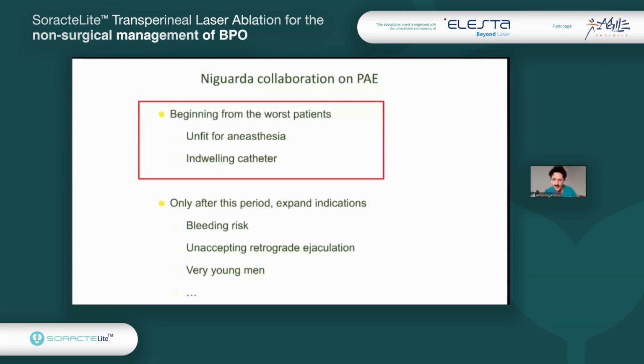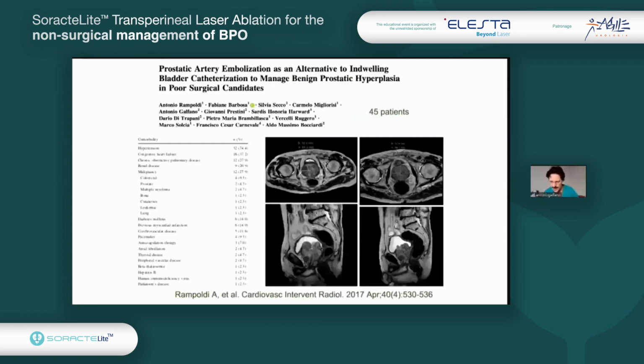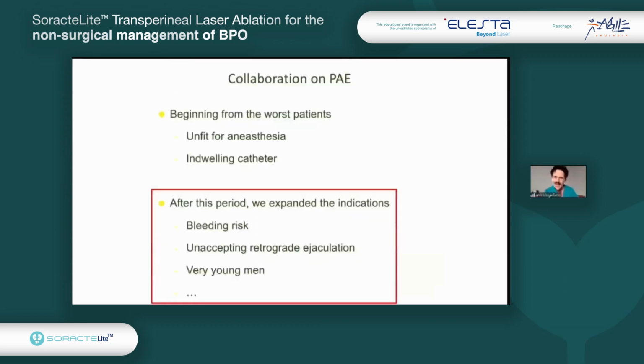We started from these patients and published our experience. These are really bad patients who will die with the catheter and will have a bad impact on their quality of life because of the catheter. We had more or less 70% of patients who could remove the catheter and stayed without the catheter. So it was considered a good success.